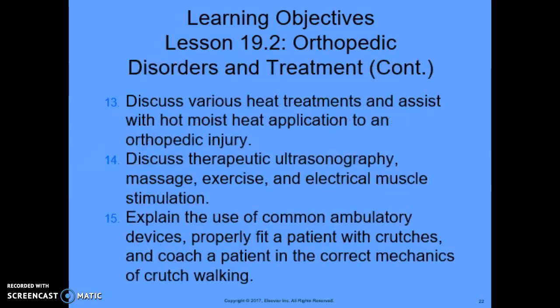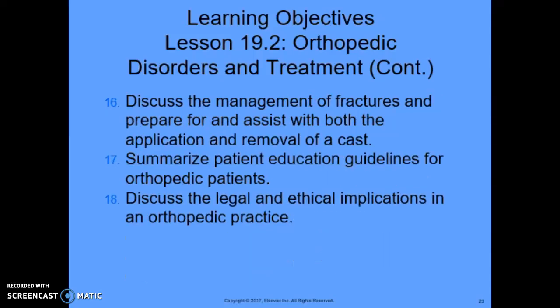Discuss various heat treatments and assist with hot moist heat application to an orthopedic injury. Discuss therapeutic ultrasonography, massage, exercise, and electrical muscle stimulation. Explain the use of common ambulatory devices, properly fit a patient with crutches, and coach the patient in the correct mechanics of crutch walking. Discuss the management of fractures and prepare and assist with the application and removal of a cast.